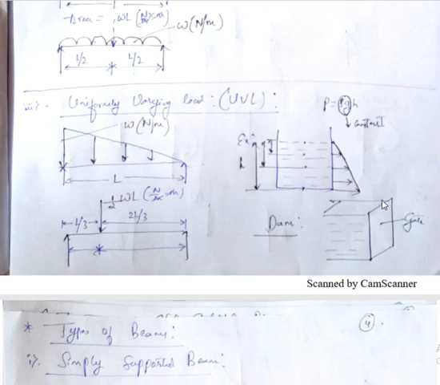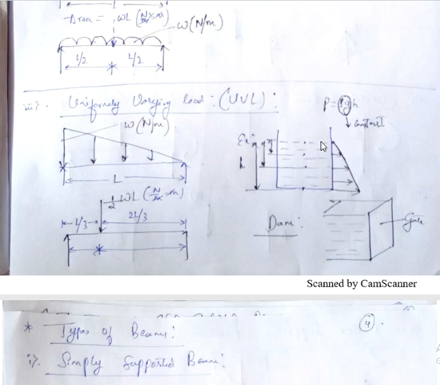Another example is a dam gate. Towards the left side the water is stored, and that water applies pressure onto the dam gate. That pressure will be minimum at the top and maximum at the bottom. This is an example of UVL.